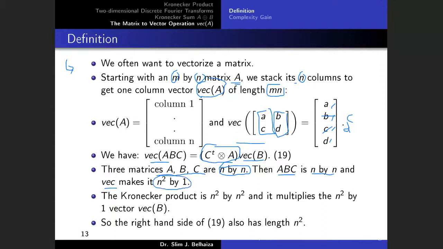Now, on the other side, the Kronecker product C transpose by A is n squared by n squared, and it multiplies the n squared vector, vectorization of B. So the right-hand side of 19 also has a length which is n squared.